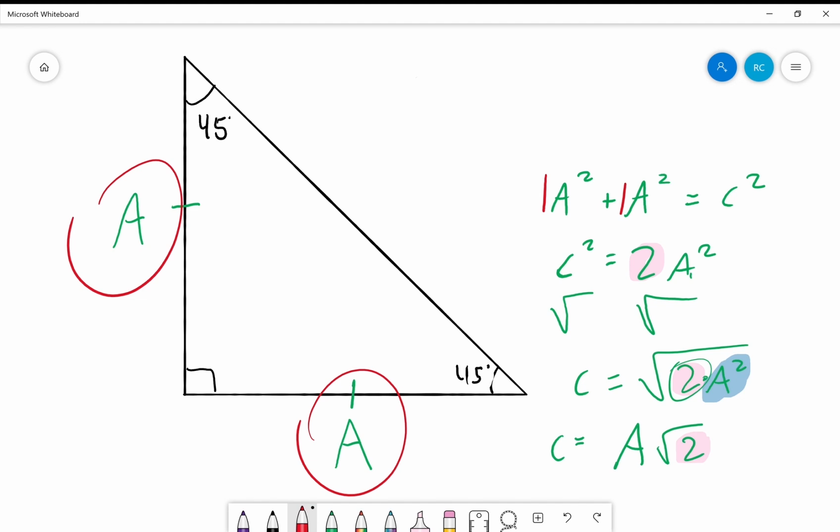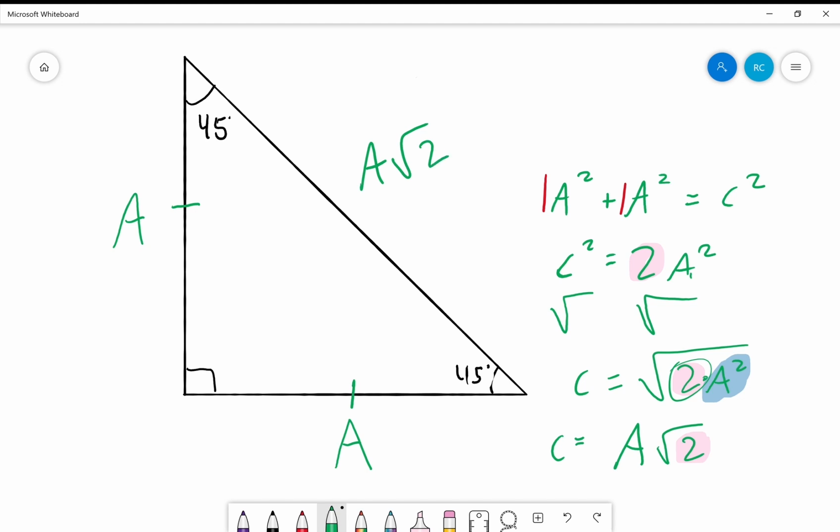And because they're the same, you're essentially just doubling the leg. So the end result is that the hypotenuse is the leg times the square root of 2. And that's going to be true for every 45, 45, 90 triangle forever.